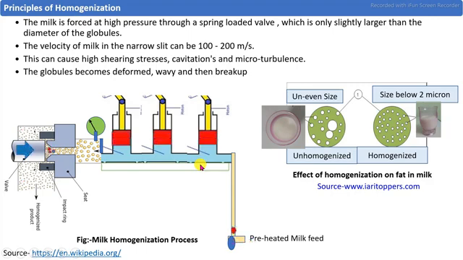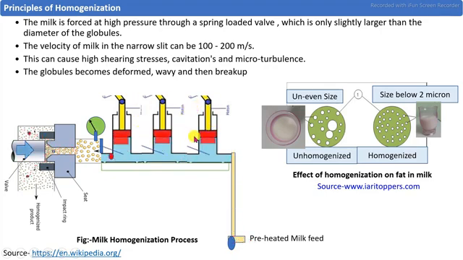In the homogenizer, we require high pressure for the homogenization process, in either a single stage or two stage process. The pressure requirement in the first stage is in the range of 2000 to 2500 psi, which is generated using a positive displacement pump.